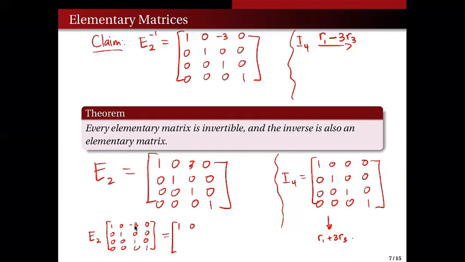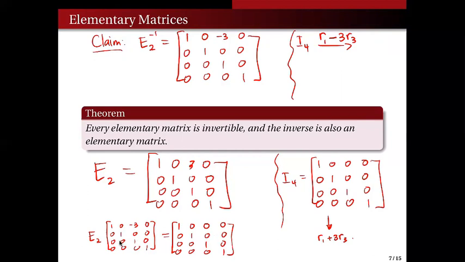Negative 3 plus 3 times 1, that's negative 3 plus 3, that becomes 0. And of course, this is 0. And then you copy everything else in here: 0, 1, 0, 0, 0, 0, 1, 0, 0, 0, 0, 1. And indeed, you have the elementary matrix. Okay? You have the identity matrix.